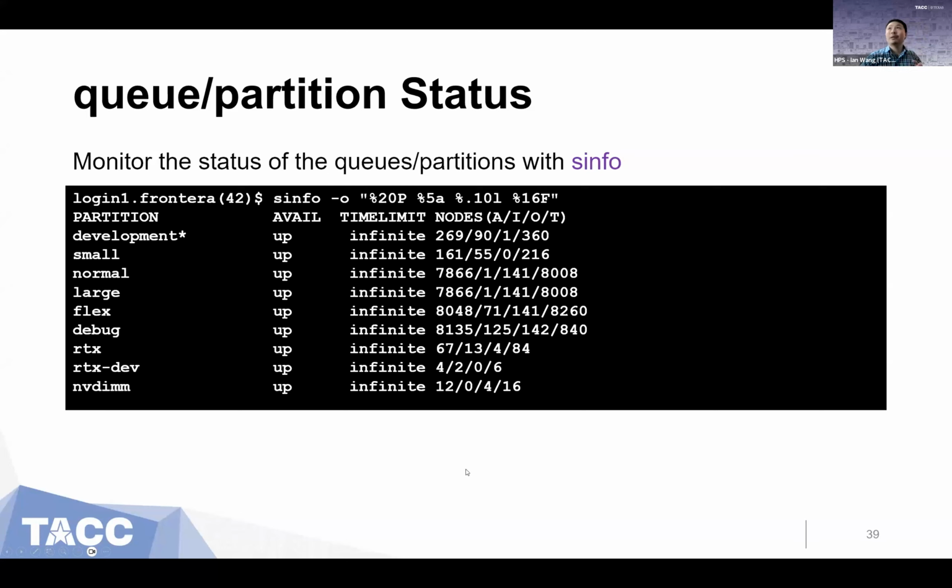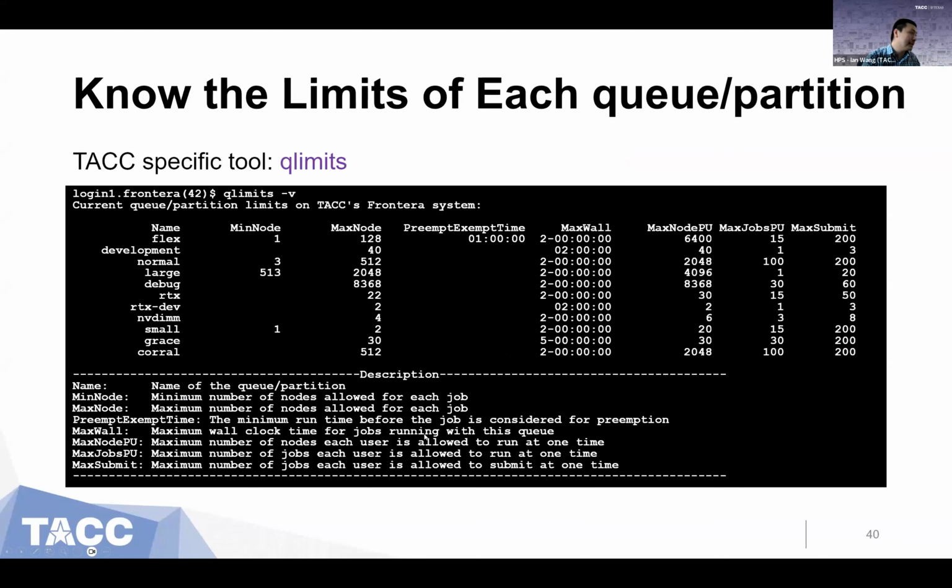You may wonder which queue you should use for a particular job you want to run. Well, we have another tool, specific to TACC, called queue limits. If you run queue limits on Frontera, you get more useful information about the available partitions, or queues. For example, the normal queue has a minimum node count of 3, which means you need to submit a job that takes at least 3 nodes, or it's going to be rejected.